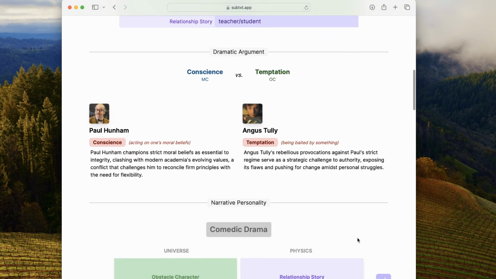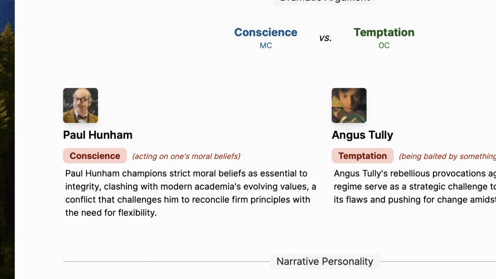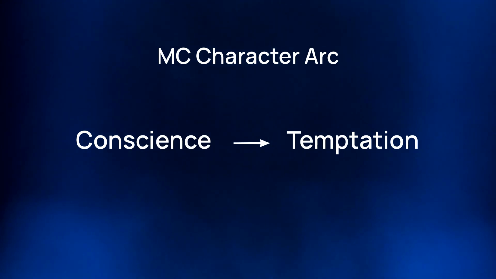And that his problem, from subtext's objective narrative framework point of view, was that he was always so concerned with making sure he didn't mess up things for the kids in the future, which is somebody who's driven by conscience, that he never took a chance and never really just went for it regardless of the consequences. So the process of the narrative is getting him from that place of conscience to that place of temptation.